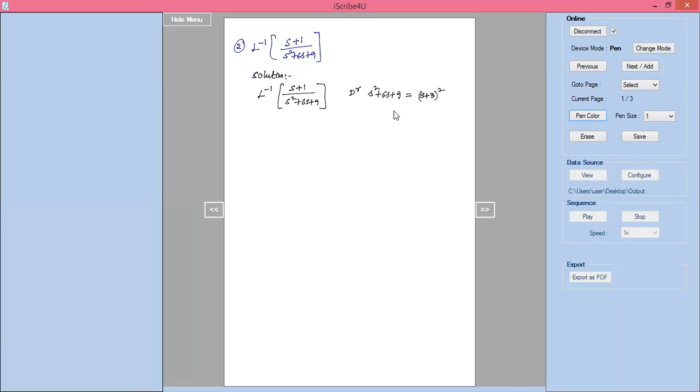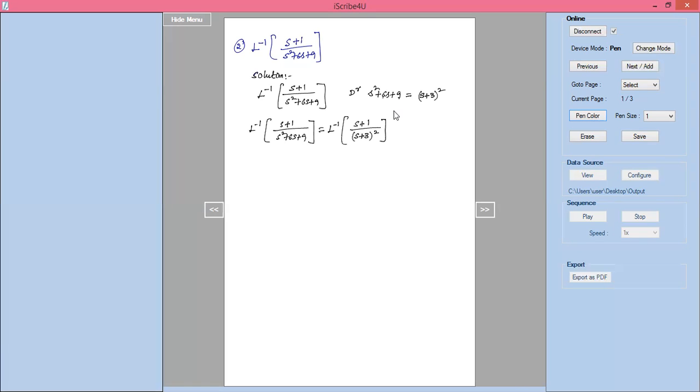Now I'm writing L inverse of s plus 1 divided by s square plus 6s plus 9 as L inverse of s plus 1 divided by s plus 3 whole square.